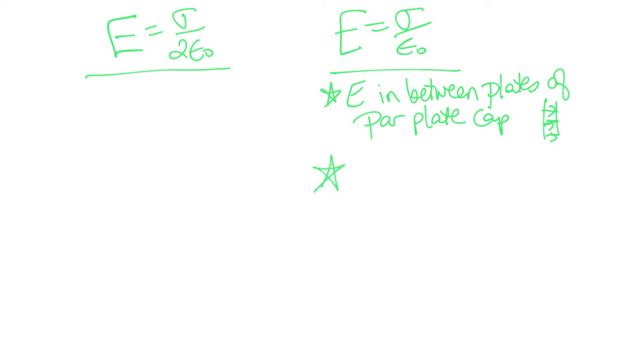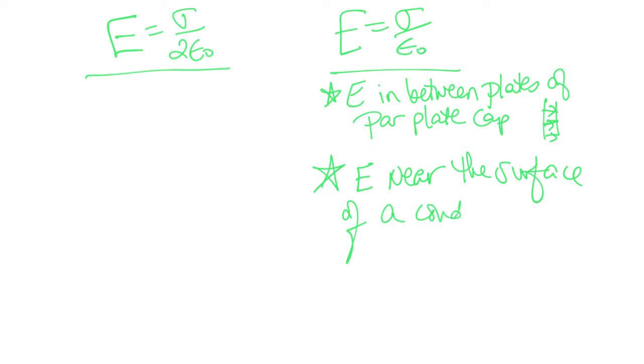You also saw it on one of the previous problems that it is the electric field near the surface of a conductor. So it doesn't even matter what surface. It could be a sphere, but if you look right near the surface, you will see that the electric field is perpendicular and it has a value of sigma over epsilon naught.